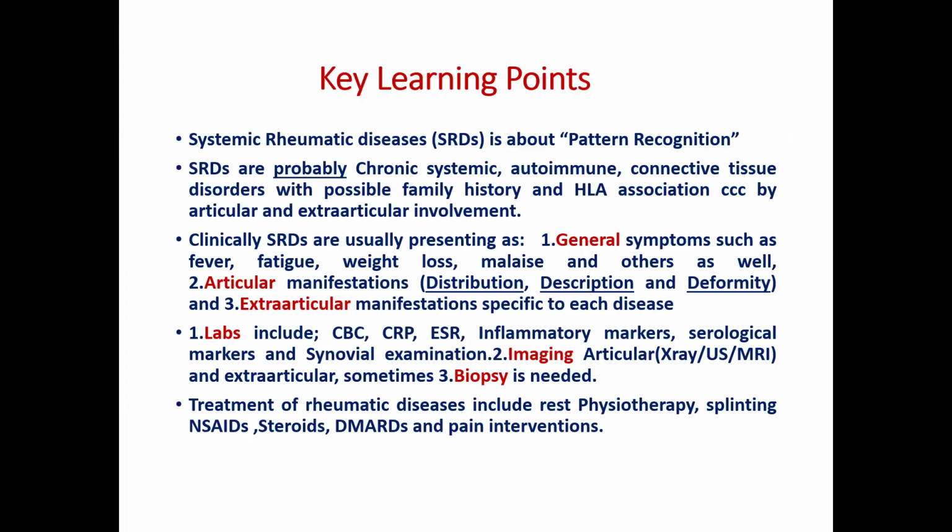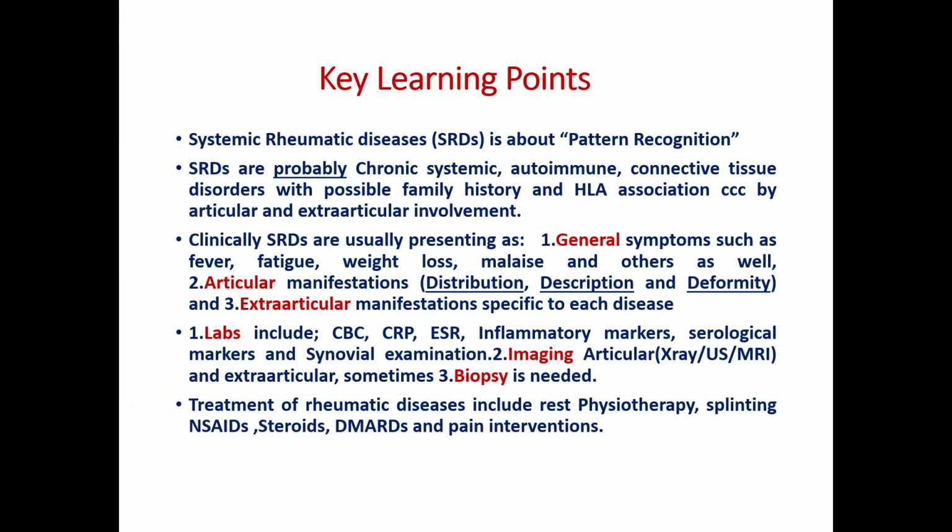Key learning points. Again, systemic rheumatic disease is about pattern recognition, guys. It's probably chronic, probably systemic, probably autoimmune, probably a connective tissue disorder, probably there's a family history. All of these features don't happen in the same disease.